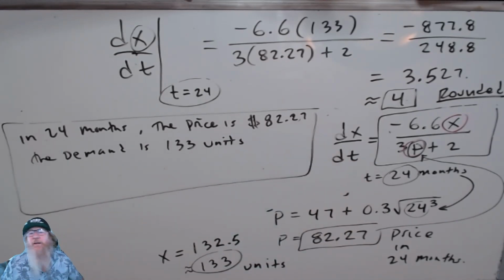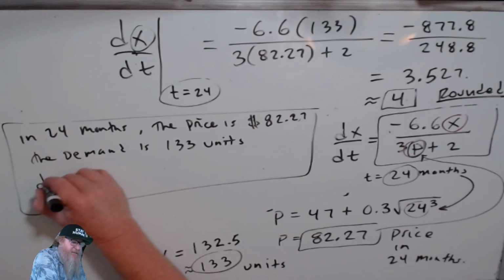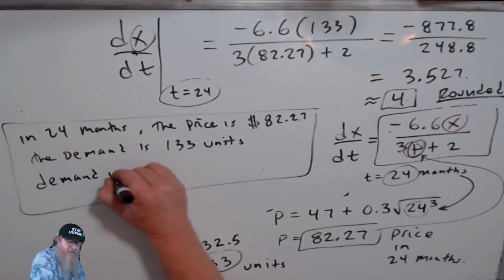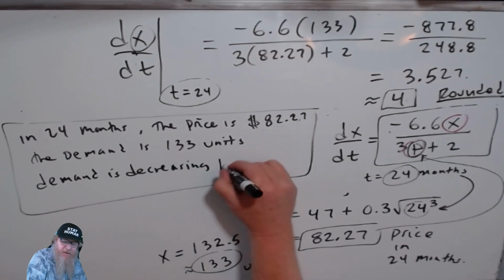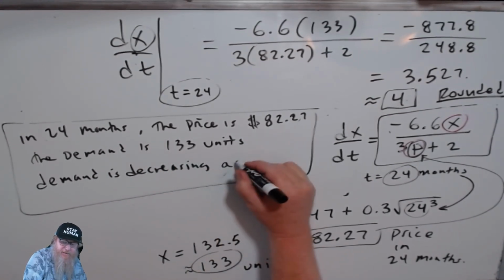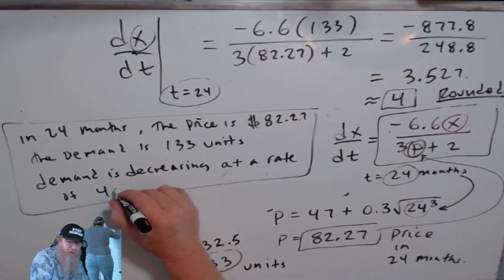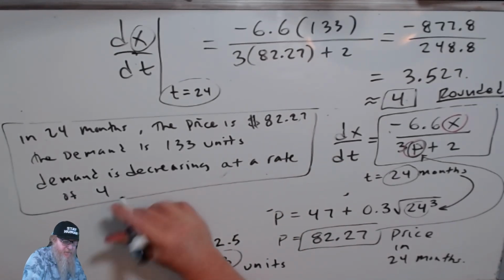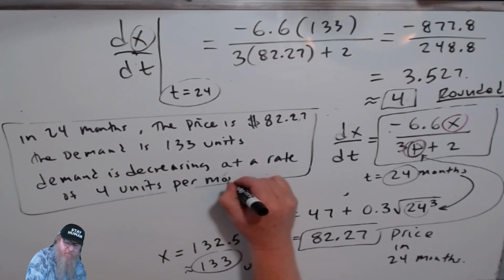Right, so you're only going to sell 133 of them. And it is decreasing. So people are buying less coffee makers at a rate of 4 units, not dollars, per month.